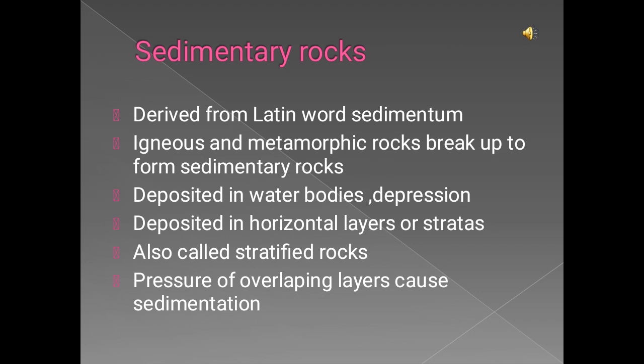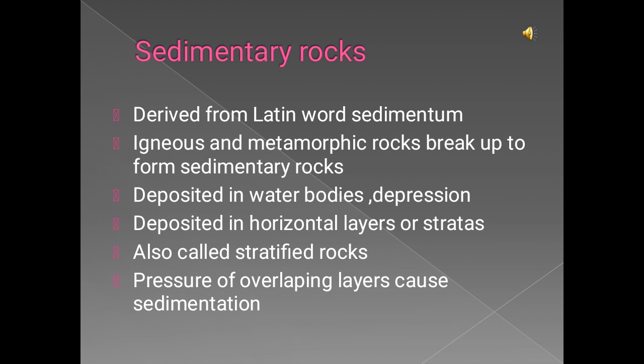Now when several layers of sediments are regularly deposited over a long period of time, one upon the other, the pressure exerted from the upper layer onto the lower layer hardens and compacts the rocks, and these sediments also get cemented to form the sedimentary rocks.